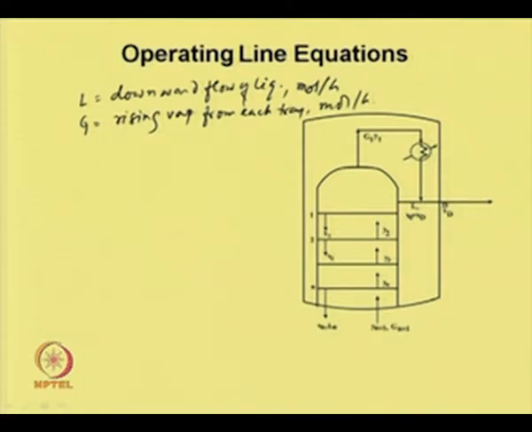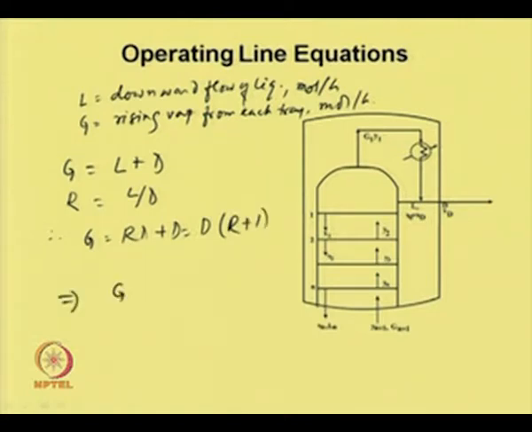If we do the total material balance for this envelope, we can write G is equal to L plus D, and another term is defined, the reflux ratio R, which is L by D. Therefore, we can write G is equal to R D plus D, which is D into R plus 1. So, from this we can write G by D is equal to R plus 1.